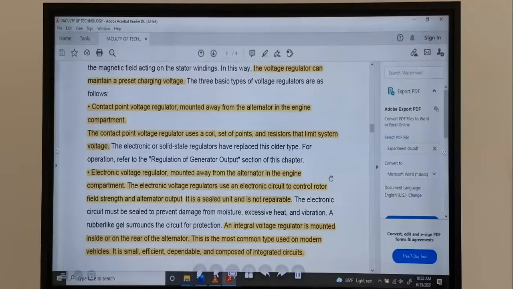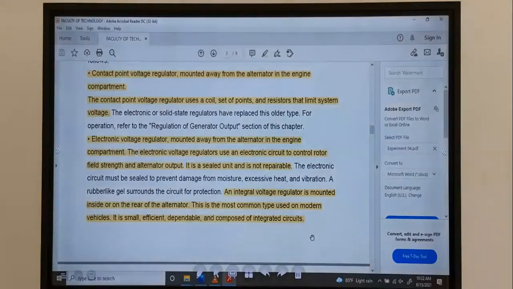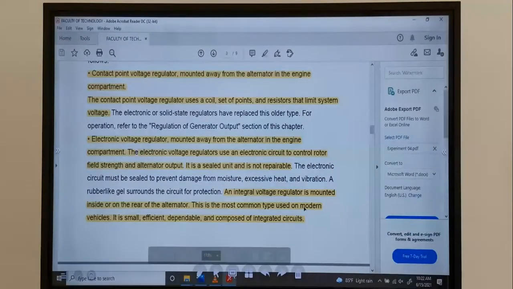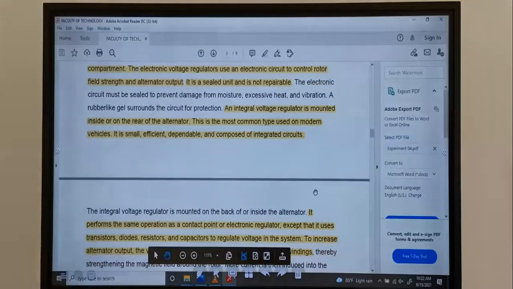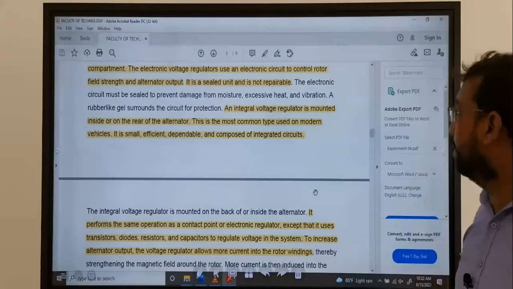The second one is the electronic voltage regulator. This is also mounted away from the alternator, it's a sealed unit and it's not repairable. But the type more commonly used in our alternators is the integral voltage regulator.